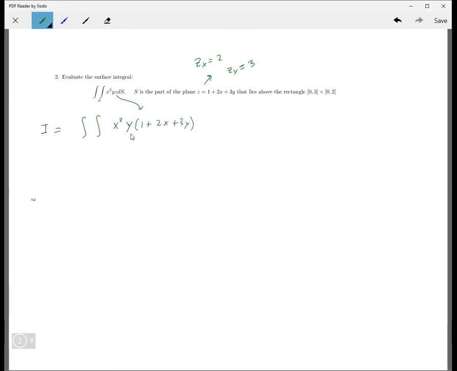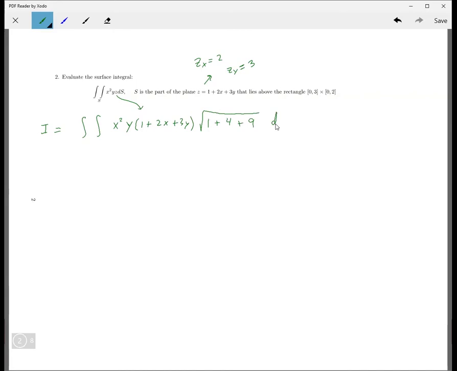Okay, so you cut back down to 2 variables. You can't have a double integral and do 3 variables. That's not going to work out too well. And then this is the 1 plus this squared plus z_y squared, so 9.